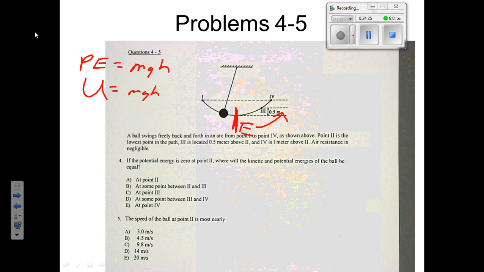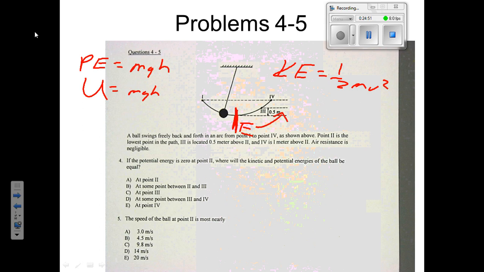What's the equation for kinetic energy? One half mv squared. But as the pendulum continues to swing up, potential energy goes up, because the h gets bigger.